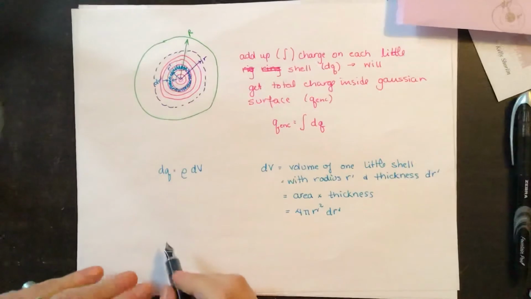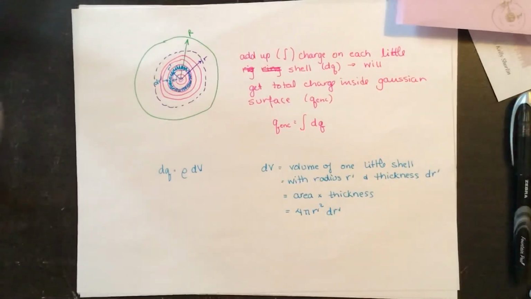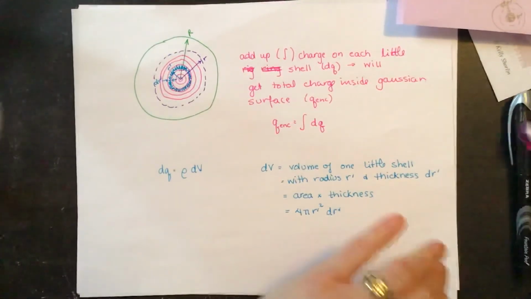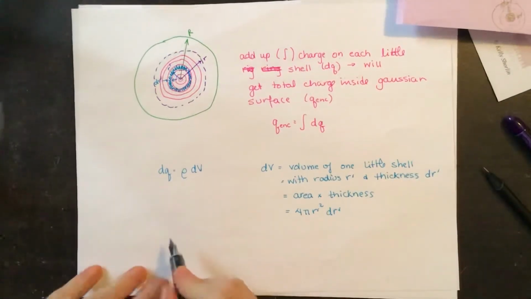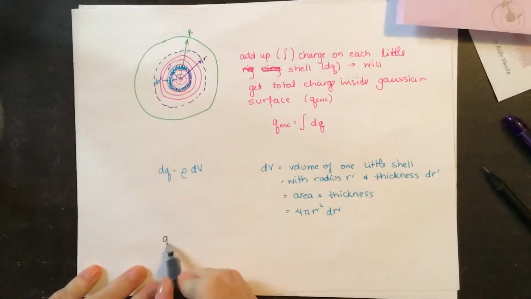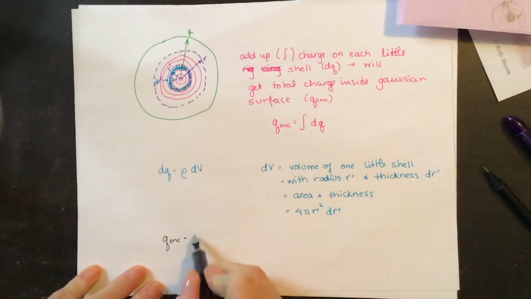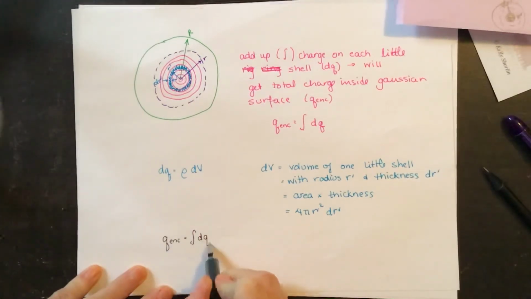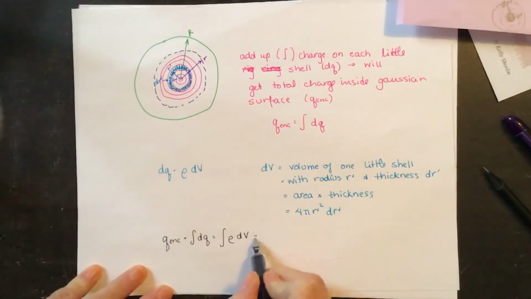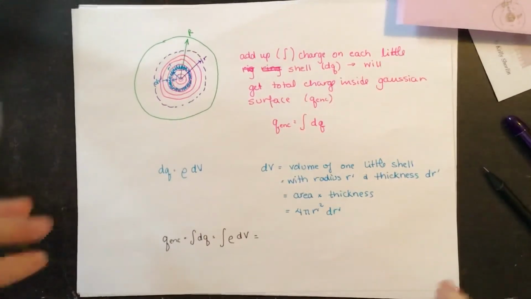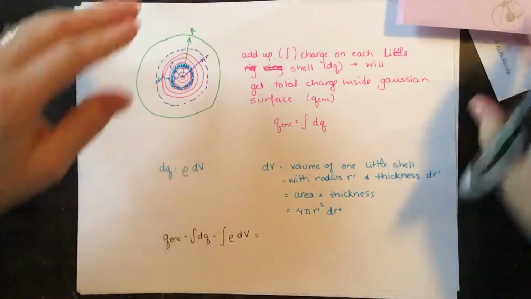So my Q enclosed, I'll go back to black because that's what we were working on for Q enclosed. So Q enclosed equals the integral of dq, which is the integral of rho times dv. Let's put in what those things are equal to.